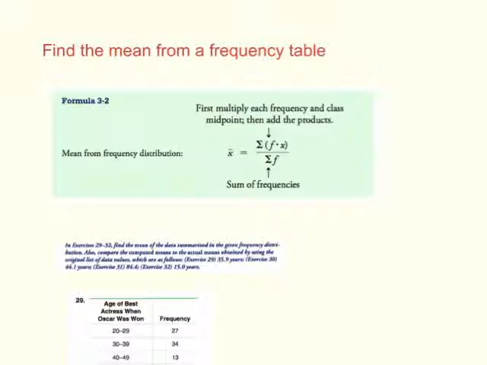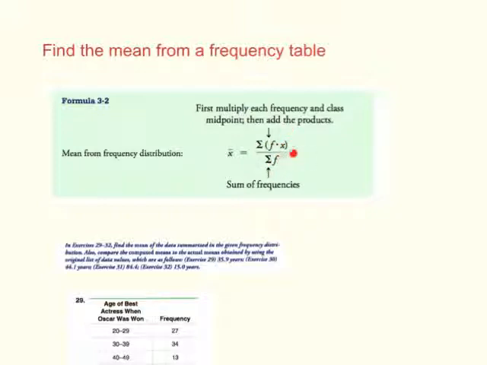So what we're going to do, we're going to apply this formula to this table you see down towards the bottom of the screen. What you have to do is do the sum of the frequency of each class times that class's midpoint. That's that f times x that you see right here on top, the sum of f times x. And then you do that over the sum of the frequencies.